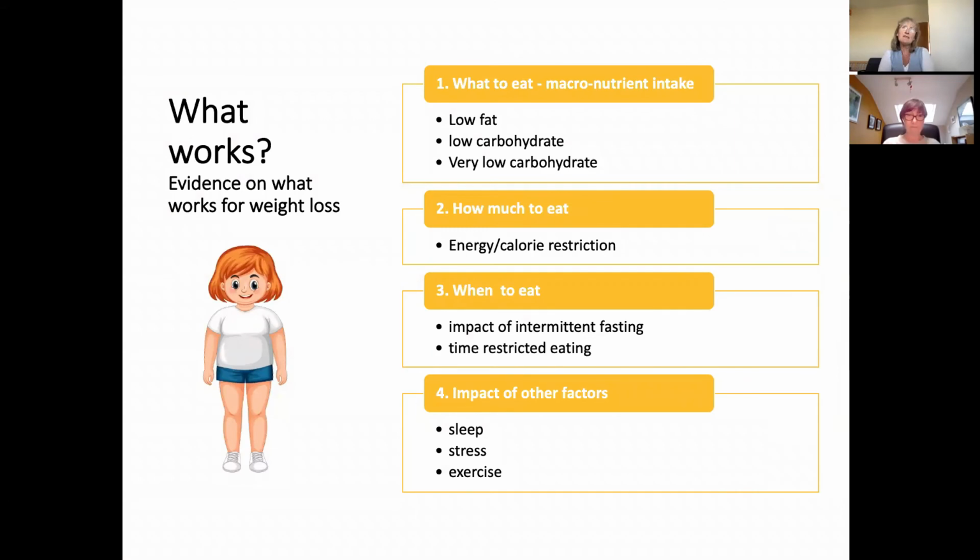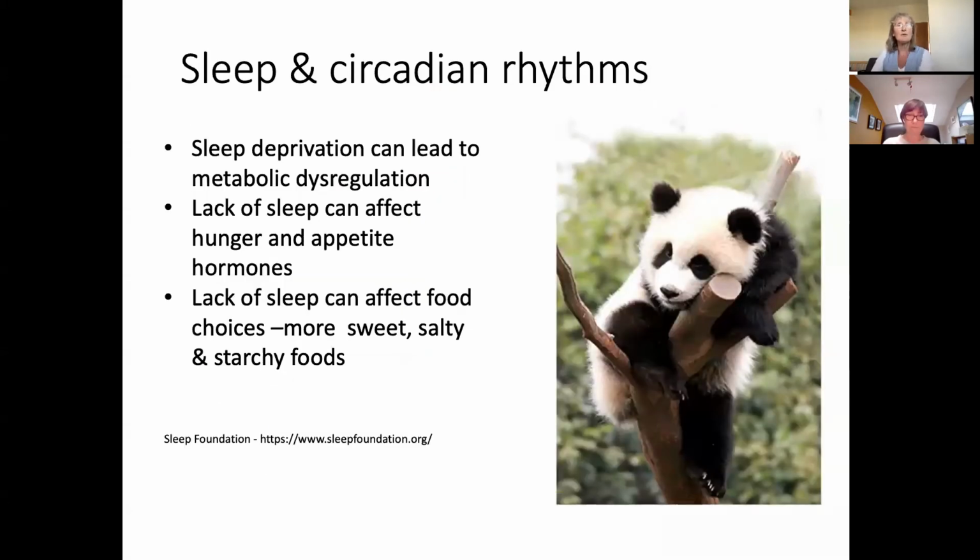So that's something about how much to eat and when to eat and how to eat. There are just a few more other factors that can affect your ability to lose weight, and I'll just run through those now. So first of all, sleep. Sleep deprivation, and we were talking about this at the beginning of the session, can be quite harmful for many reasons, but it can lead to metabolic dysregulation.